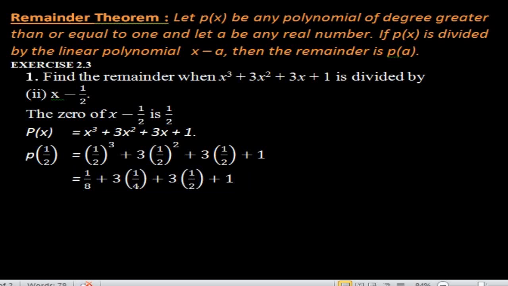Now the next step is to multiply the coefficients. Multiplication and division have to be done in this step. So 1 by 8 plus 3 by 4 plus 3 into 1 by 2 is 3 by 2, plus 1.